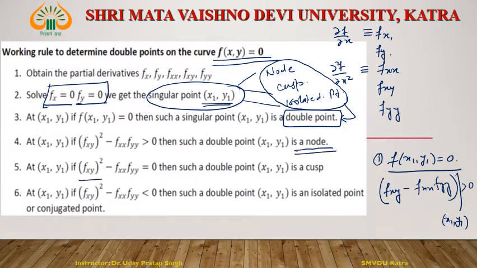If it is equal to 0, then it is a cusp. If it is less than 0, then it is an isolated point or conjugate point. Now see the example.